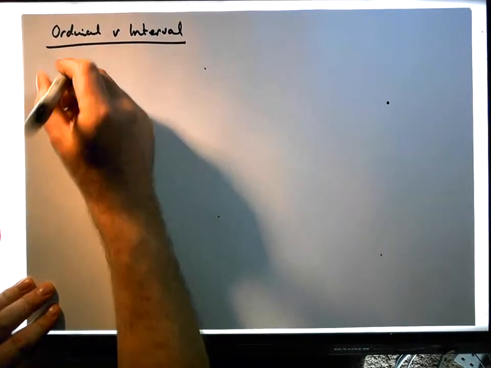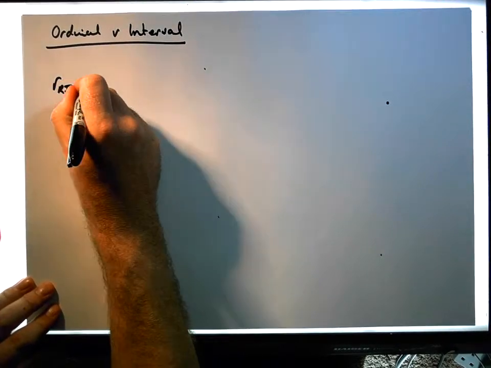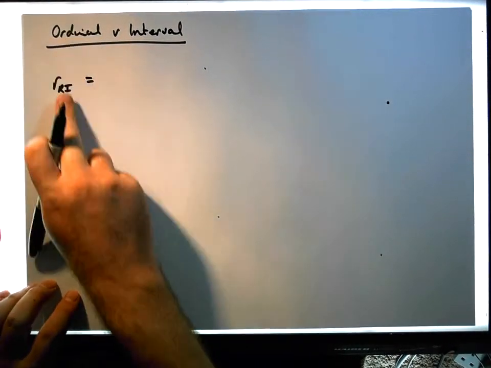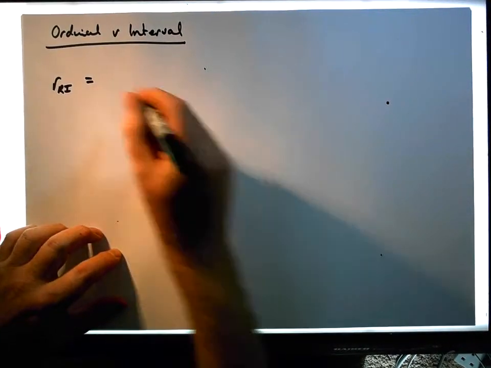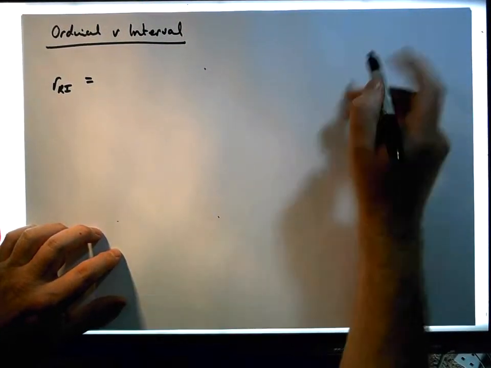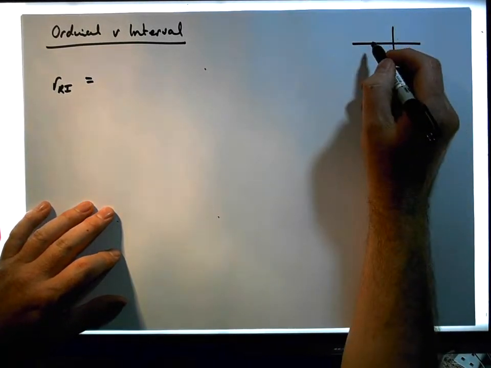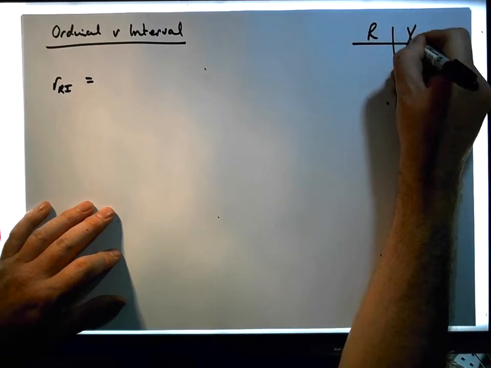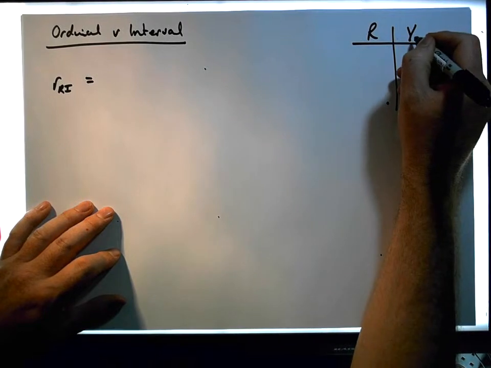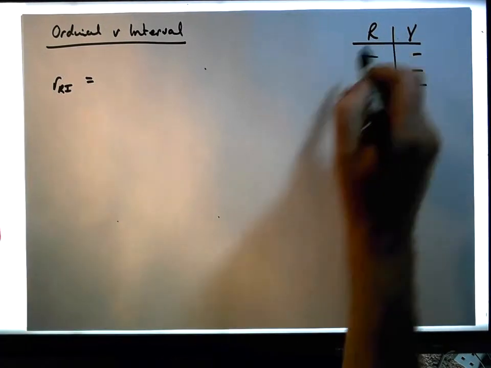The correlation is going to be, using R to represent the ranking variable, ordinal, along with an interval. If you think about our variables, we have our ordinal variable, our ranking variable, and our interval variable, and we have paired measures across these. So R in this case represents our ranking.